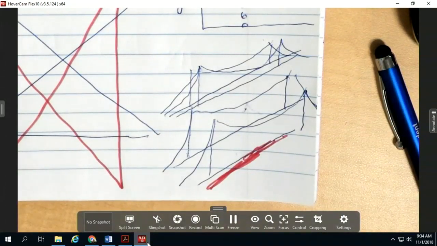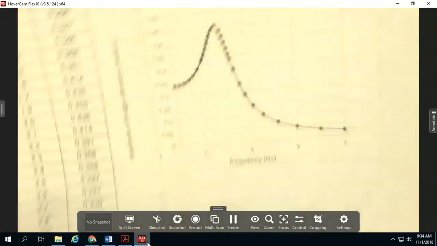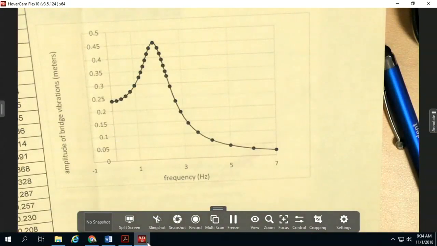All of that contributes to the shape of the function that the bridge has. Now, in this case, they have frequency and the amplitude of bridge vibrations. Remember that formula that they said, amplitude of bridge vibrations was related to the wind speed and the natural harmonic motion. Okay?